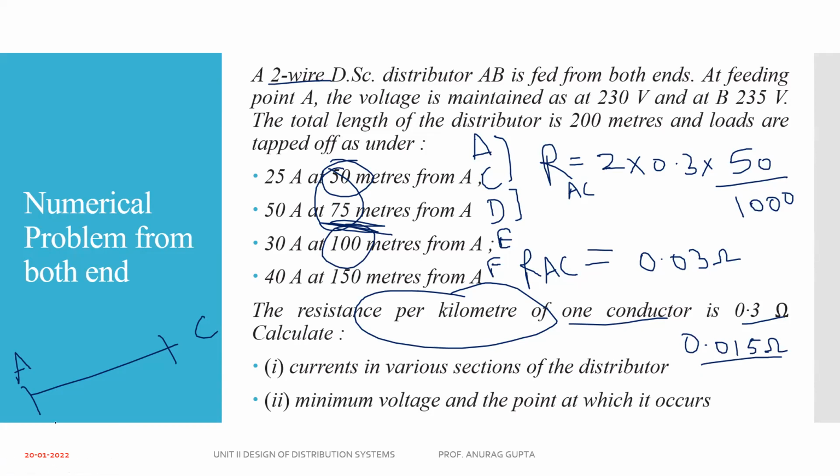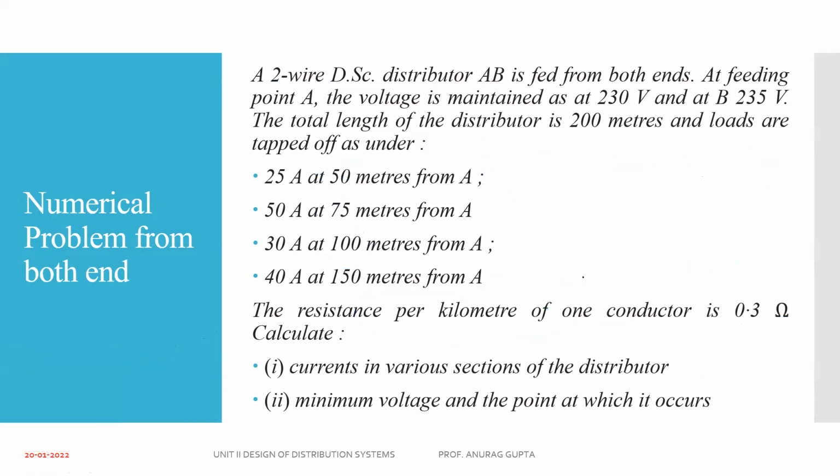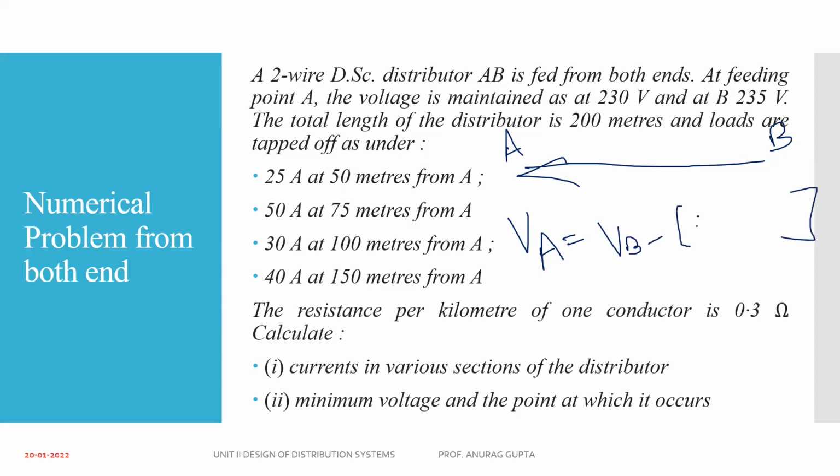Clear? Now the most important part is that whenever we are finding the equation, because already you have assumed the current from B. You have assumed the current direction from B to A. So if I am finding the equation, what is the VA? This will be VB minus all voltage drop.